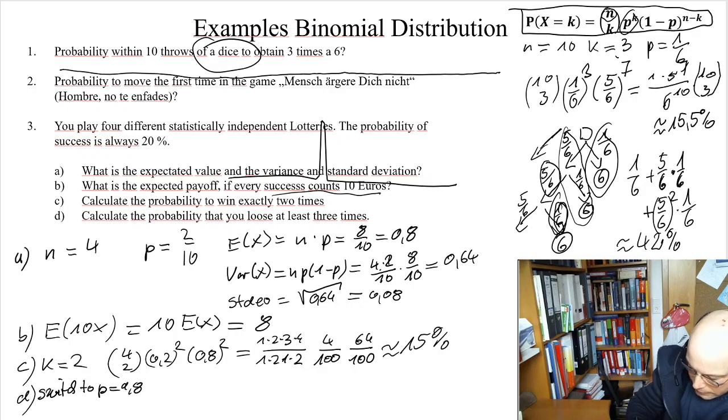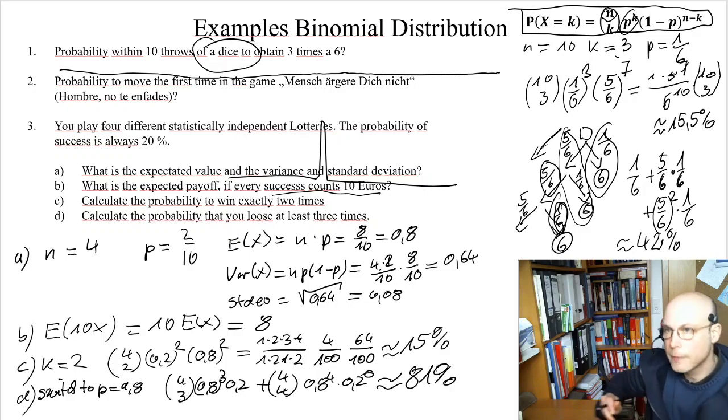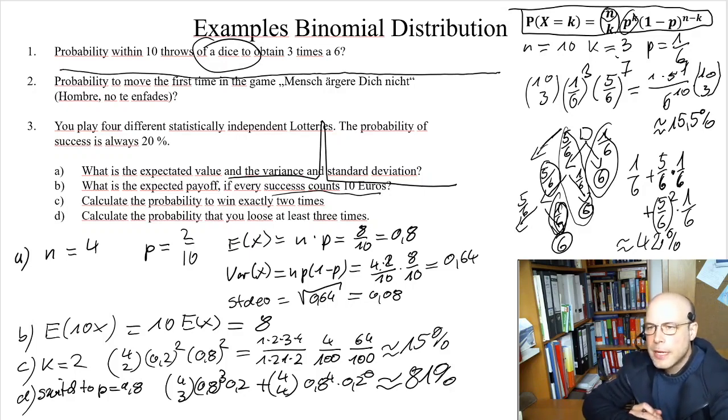Then we have 4 over 3 times 0.8 to the 3, 0.2 plus 4 over 4 times 0.8 to the 4 times 0.2 to the 0, and this means a probability of roughly 0.81 if I have calculated in the right way.